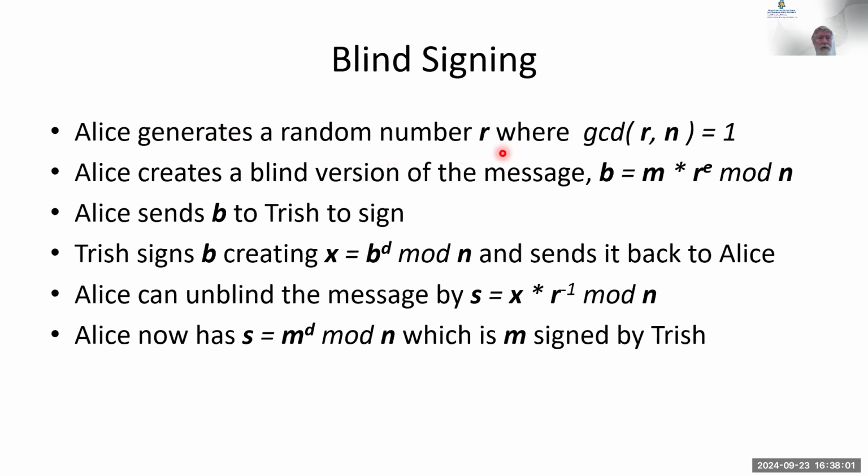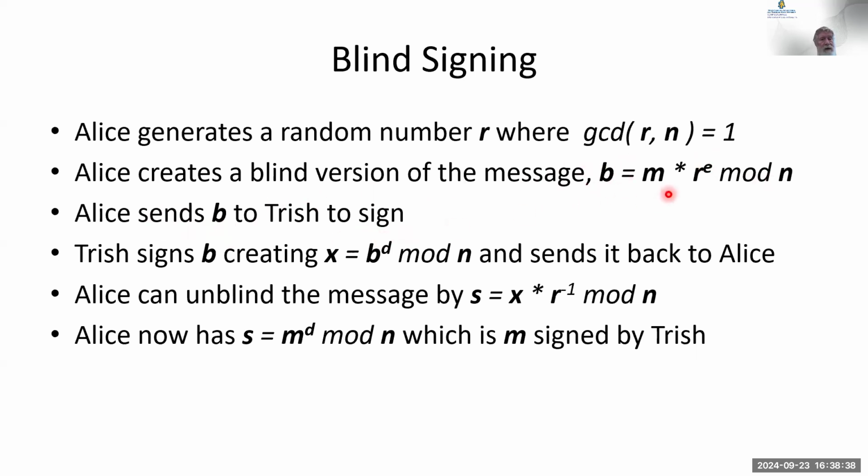Alice gets a random number R, some big random number whose greatest common divisor with N is 1. Then she computes B = M times R to the E mod N, where E is Tish's public key. Usually it's M to the E mod N; in this case, it's M times R to the E mod N, R being the big random number. Alice then sends B, this blind version, to Tish.